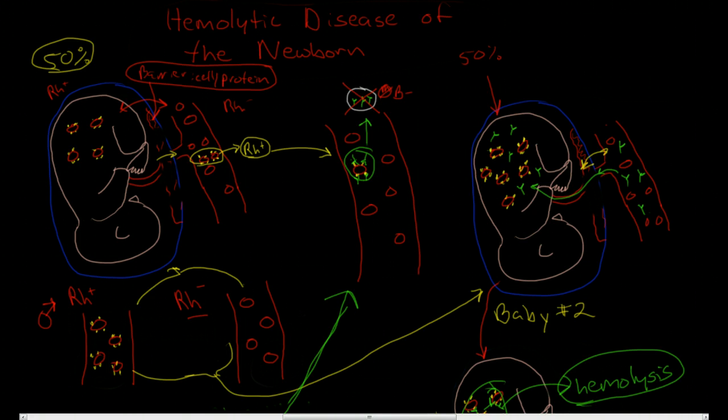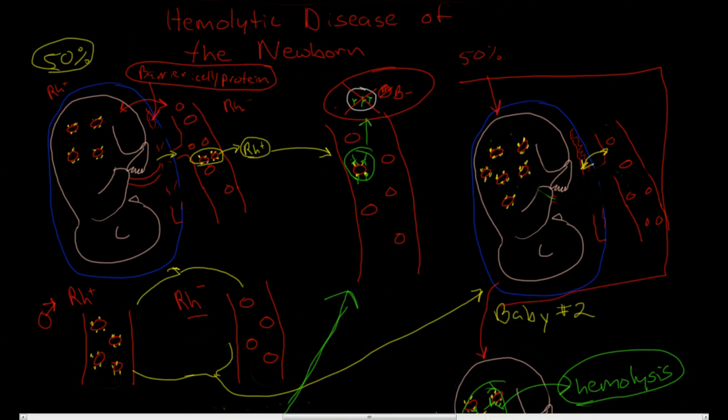So that way, when baby number 2 is born, the mother doesn't have the ability to make anti-Rh immunoglobulins in her bloodstream to cross, so baby 2 is protected. So Rhogam prevents the mother from creating the anti-Rh immunoglobulins, so in future pregnancies her immunoglobulins will not attack the baby. Okay, so that's essentially what occurs.